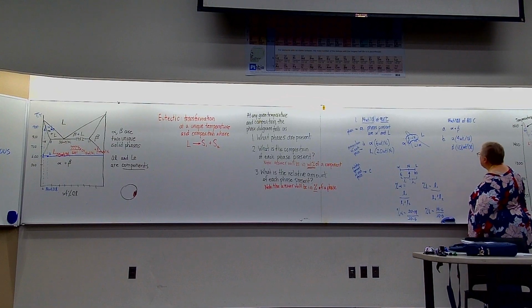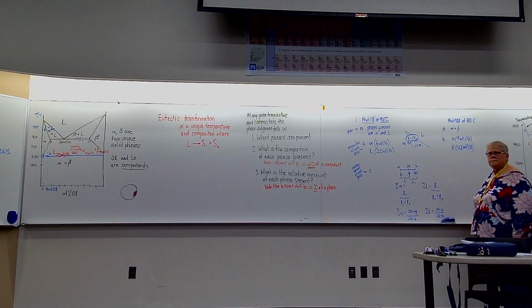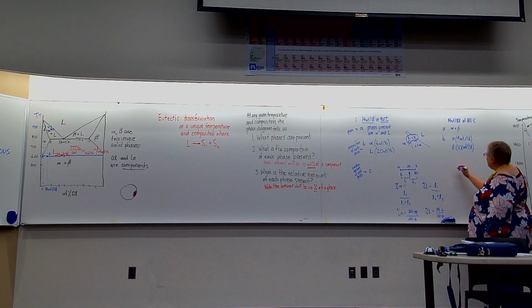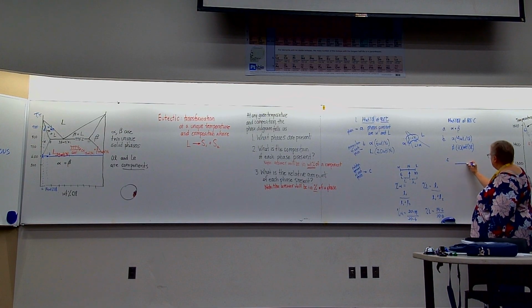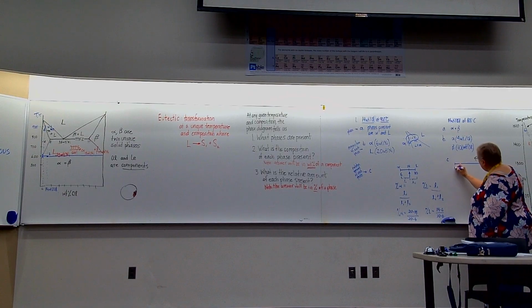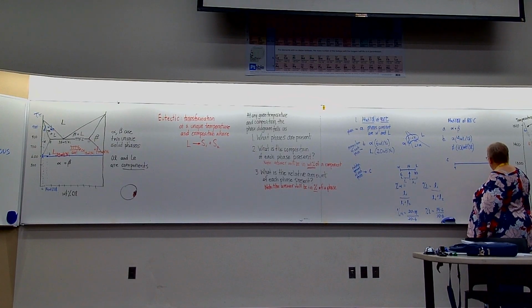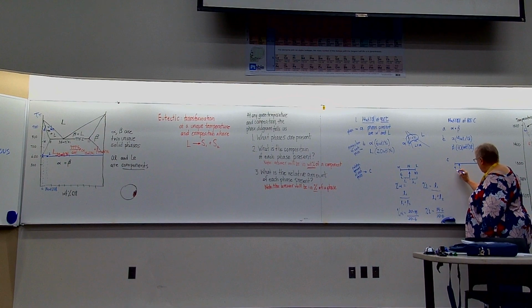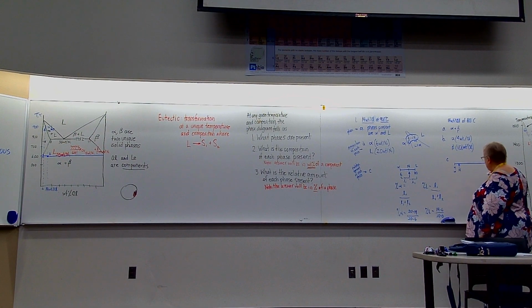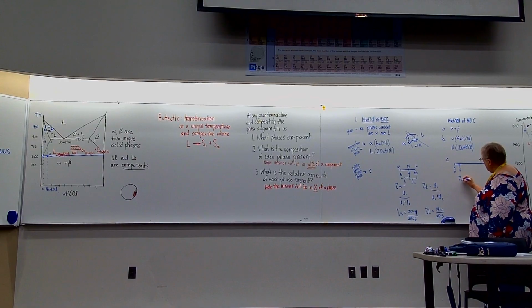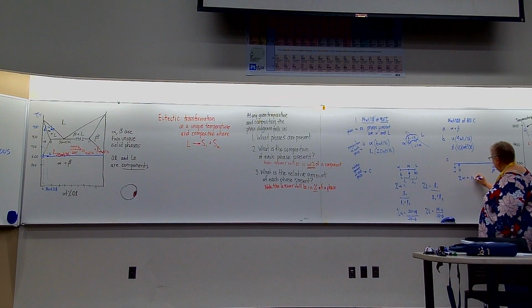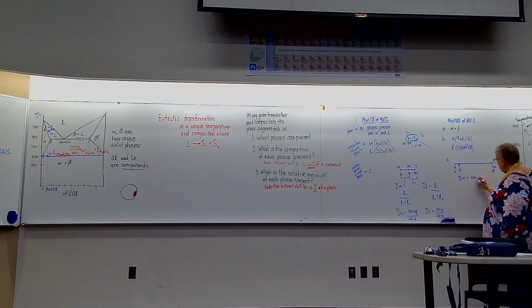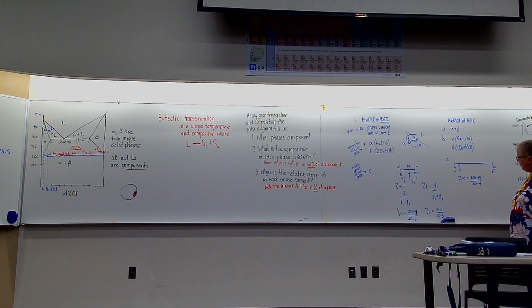Oh no. Straight from the top. And then for C, my lever goes from 4 to 100. I'm at 14. 4 is alpha, 100 is beta. So the percent alpha is 100 minus 14 over 100 minus 4.